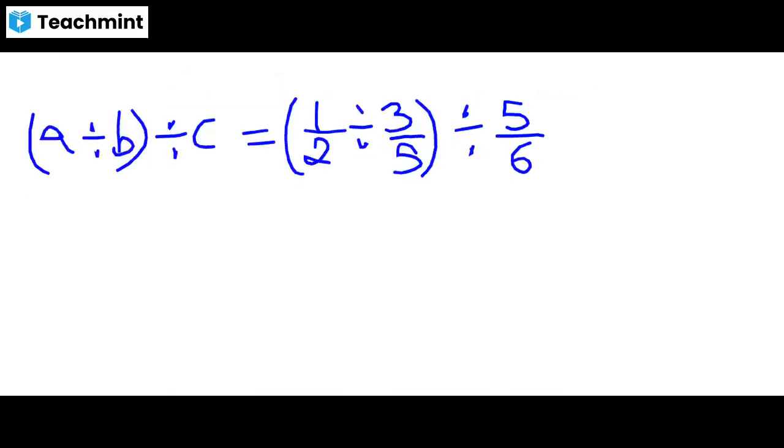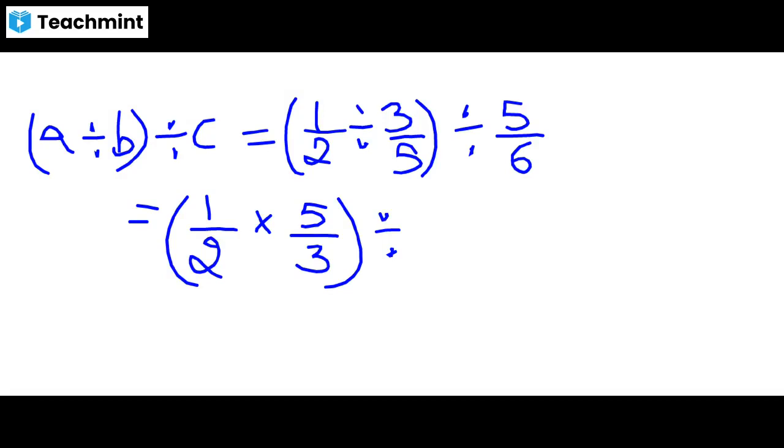Now first you should simplify whatever is in the bracket. What should I write first? 1 by 2 into 5 by 3. Then 3 by 5 will be changed into 5 by 3. Division symbol as it is, 5 by 6.